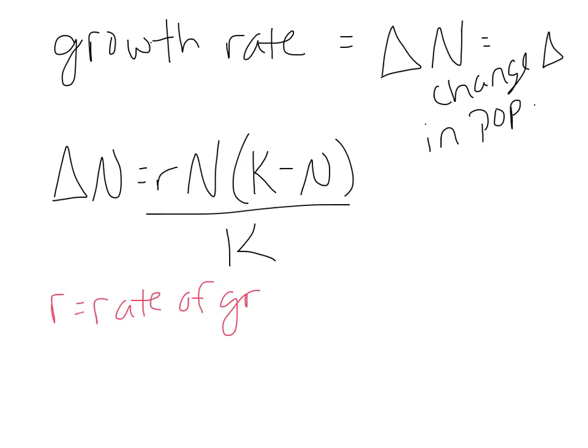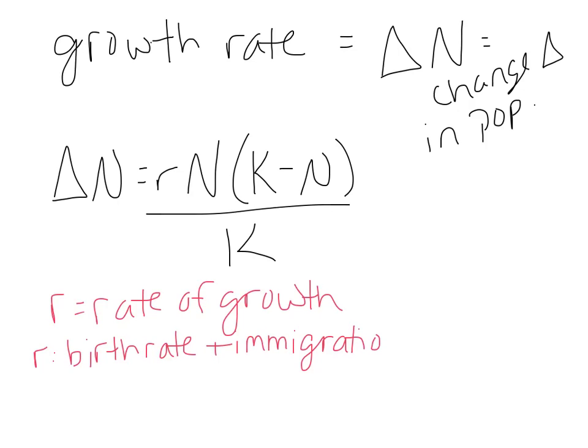Well, if you pause for a second and think about the things that could impact the rate of growth, our rate of growth is going to be our birth rate. That would obviously have an impact on the population, plus our immigration. Both of these things are going to increase our population, right? Well, then we also need to take into account the things that could decrease the population.